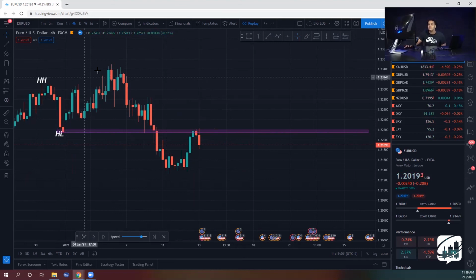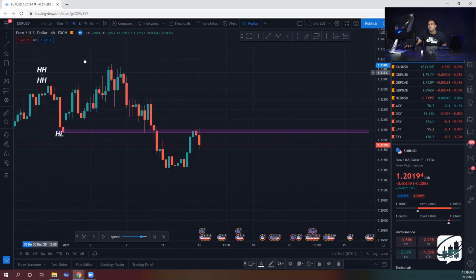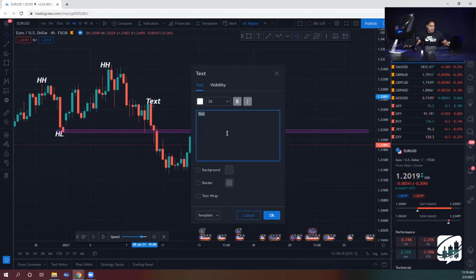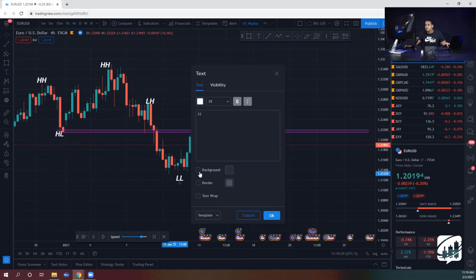Okay, so now you see the trade making lower highs and lower lows. Lower high, lower low.